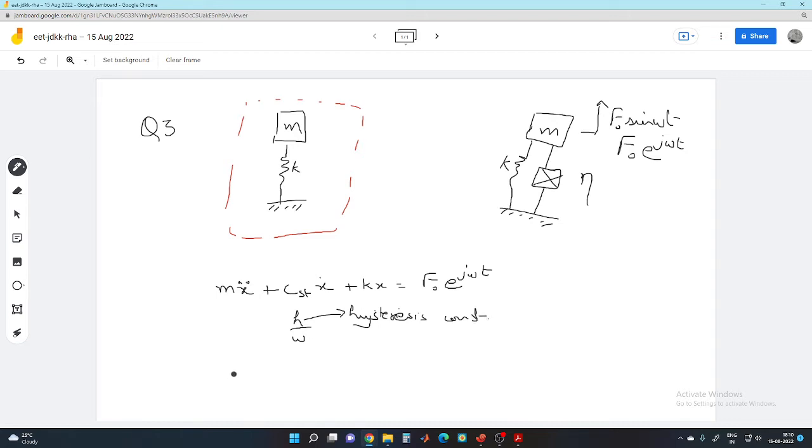So if you refer to the class lectures, the non-dimensional form can be written as x double dot plus eta by omega x dot plus kx equal to f by k e raised to power j omega t.